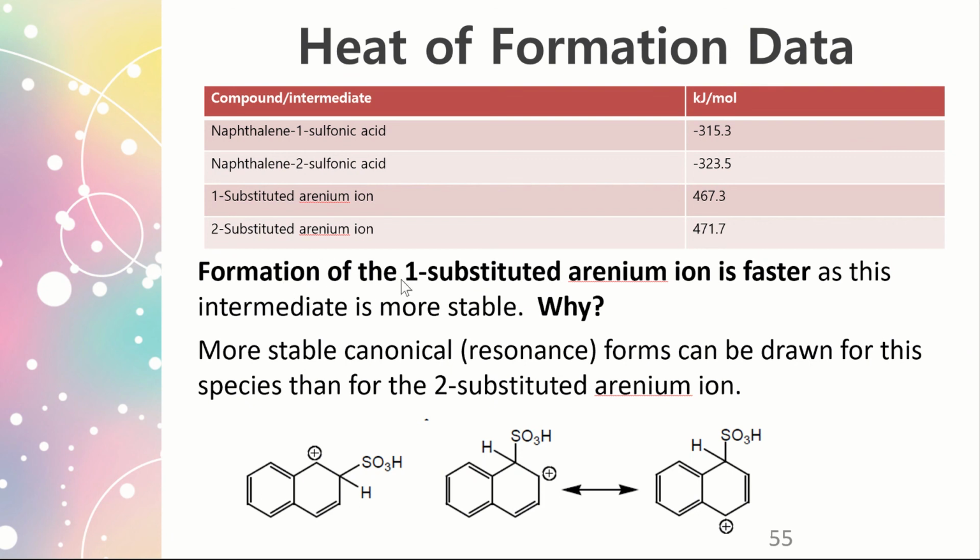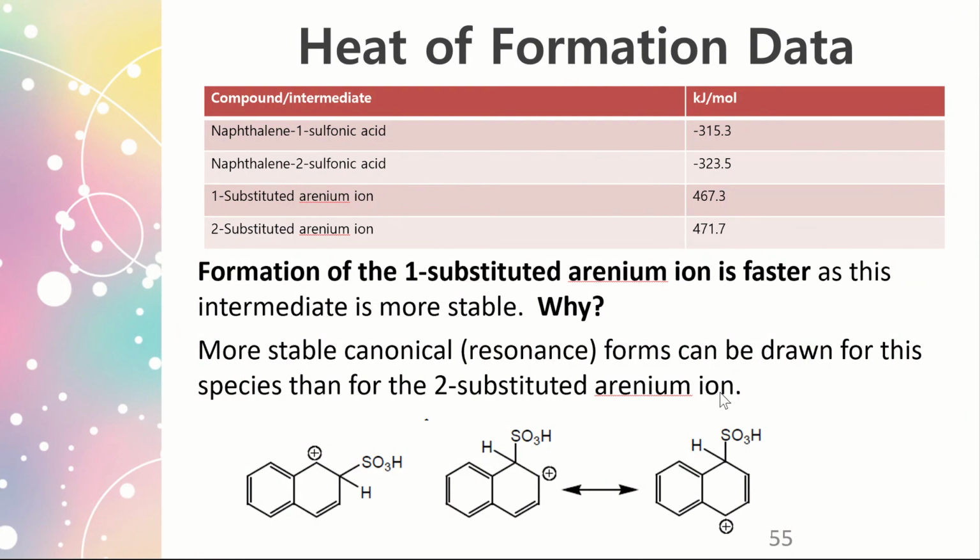So the formation of the 1 substituted areneum ion is faster as the intermediate is more stable. And the question is why? It's stable because more stable canonical or resonance forms can be drawn for this species than for the 2 substituted areneum ion.